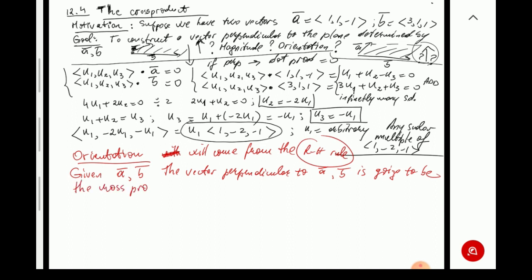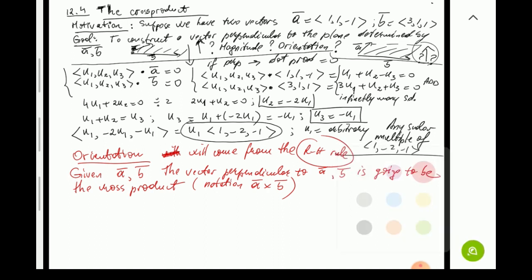We're going to define it more formally on the second page, so the notation for it will be A cross B. I'm going to write the full definition and notation on the second page. But that is the idea.